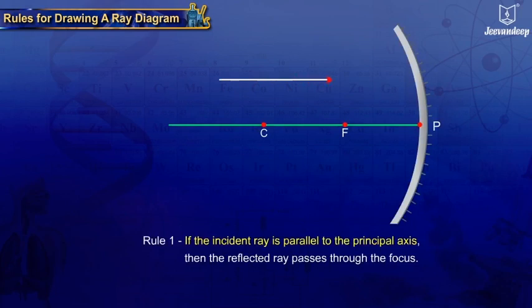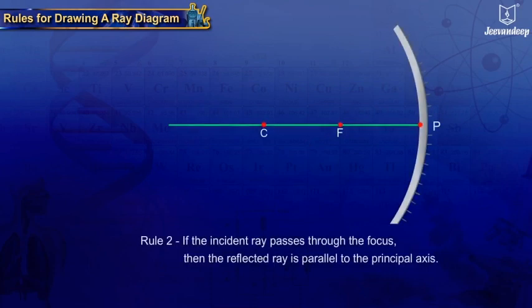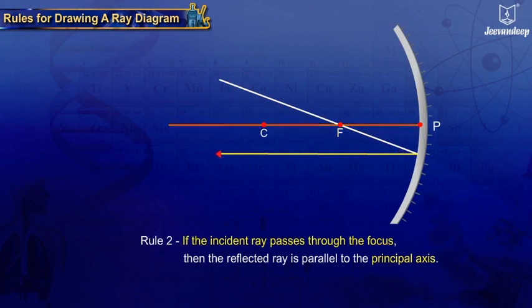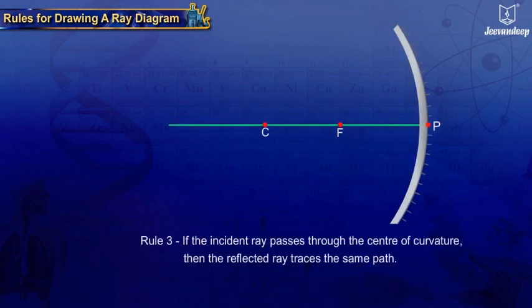If the incident ray is parallel to the principal axis, then the reflected ray passes through the focus. Rule 2. If the incident ray passes through the focus, then the reflected ray is parallel to the principal axis. Rule 3. If the incident ray passes through the center of curvature, the reflected ray traces the same path.